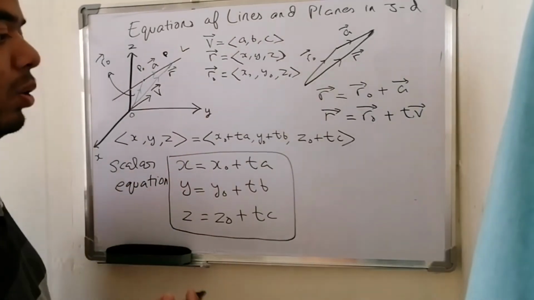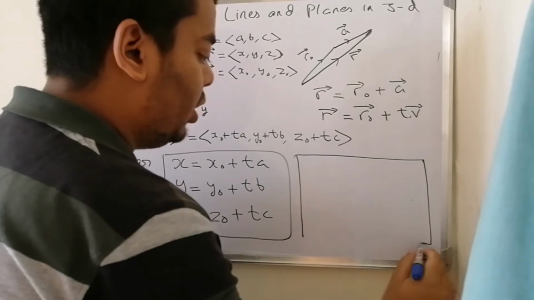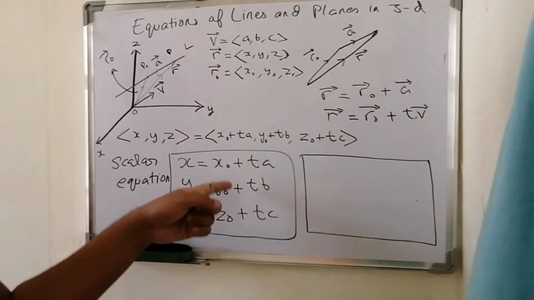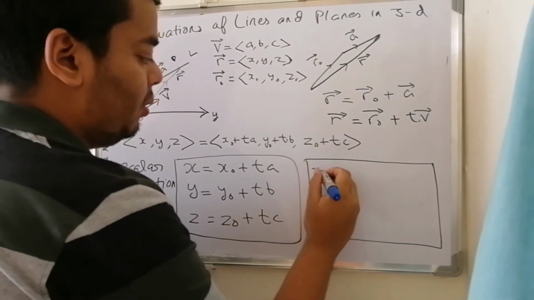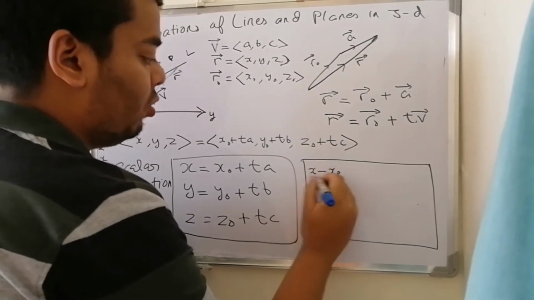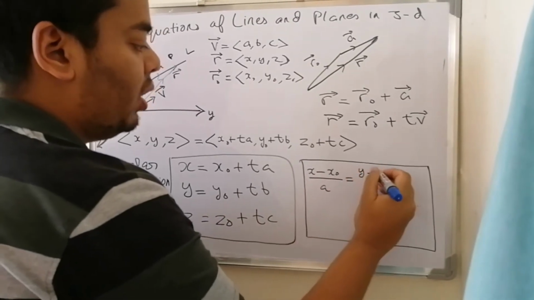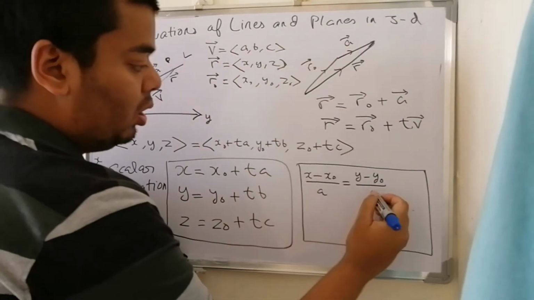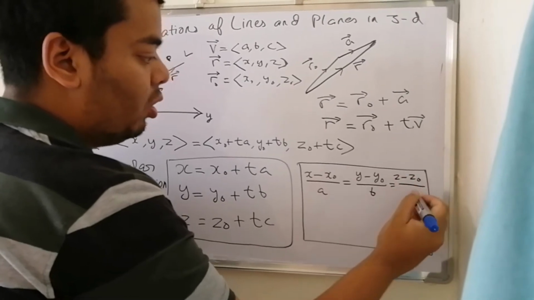Okay, now we can find another set of equations which is called the parametric equation. The parametric equation is found by making t the subject of the formula. So it will be x minus x naught over a is equal to y minus y naught over b is equal to z minus z naught over c.